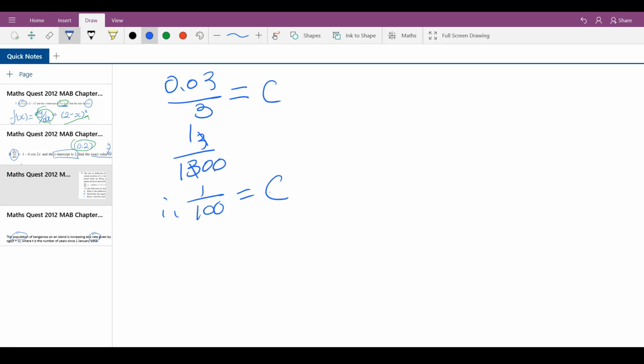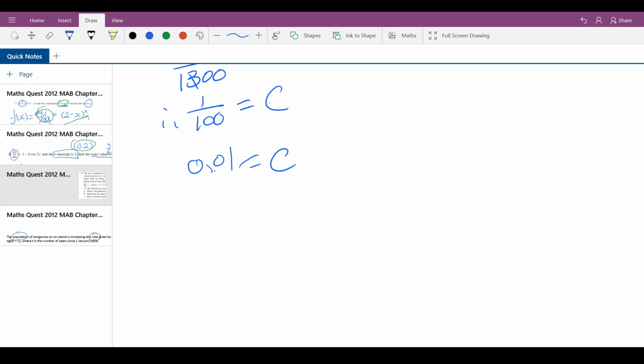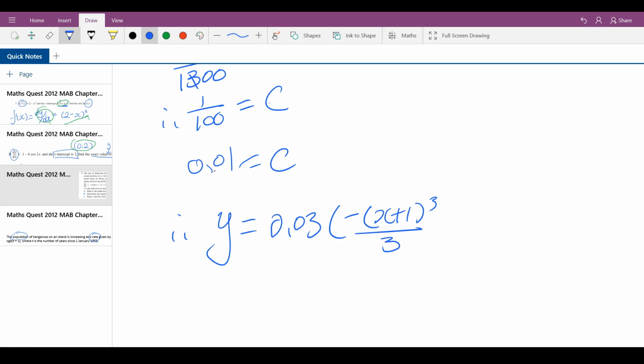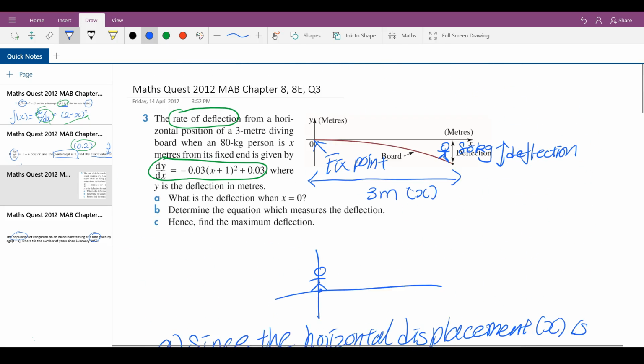And that is the same as 0.01 equal to c. So the complete function is y equal to 0.03 bracket negative x plus 1 to the cube over 3 plus x, and then plus 0.01. So that's our entire deflection equation.